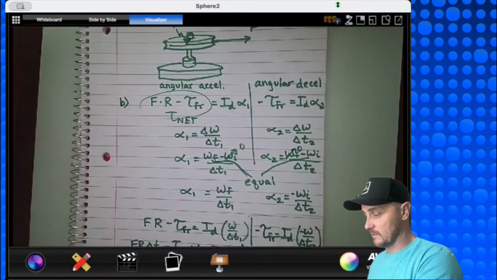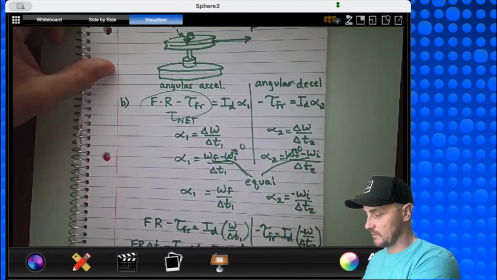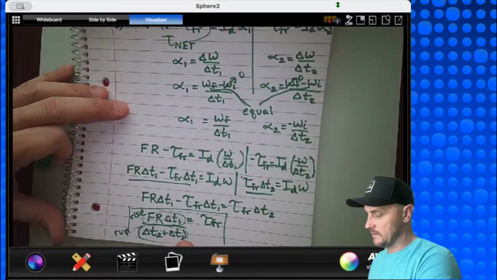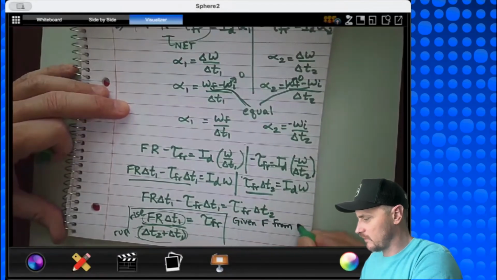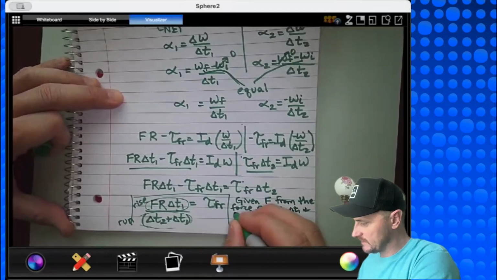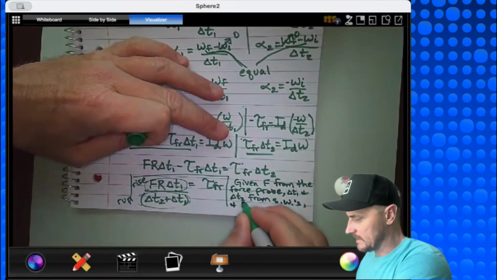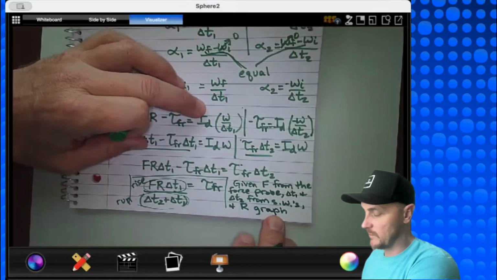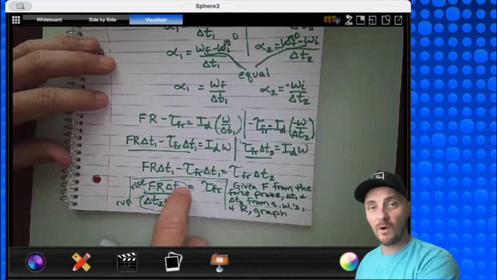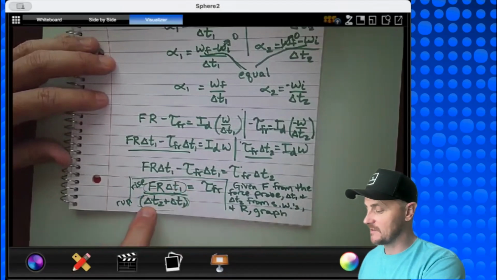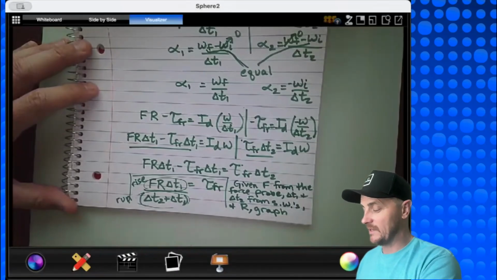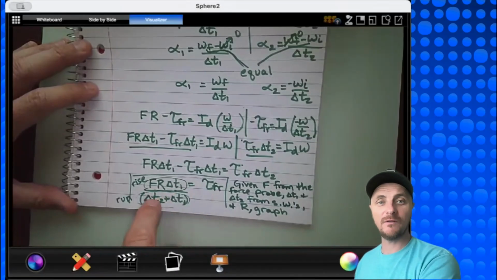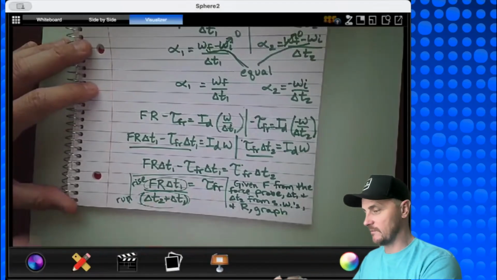And basically, all this work we did is part B. So you want to show this work culminating with this equation so that you can finally say, given F from the force probe, delta T1 and delta T2 from stopwatches, I'll just write SW here, and radius, graph FR delta T1 on the y-axis and delta T2 plus delta T1 on the x-axis. This rise over run would yield the torque of friction according to the equation shown. All right, cool. Let's move on to part C.